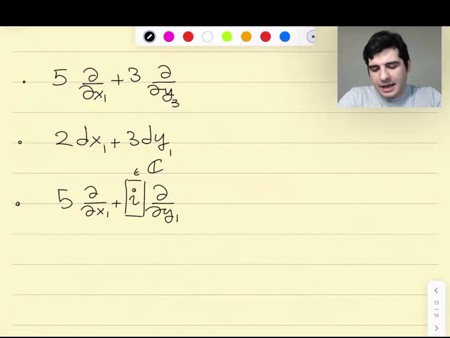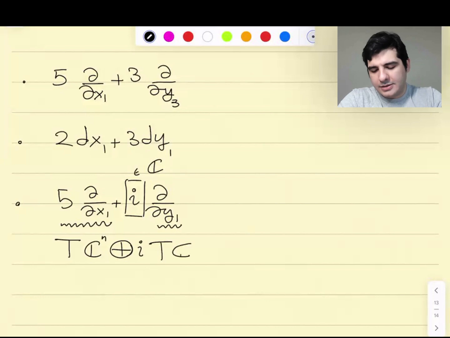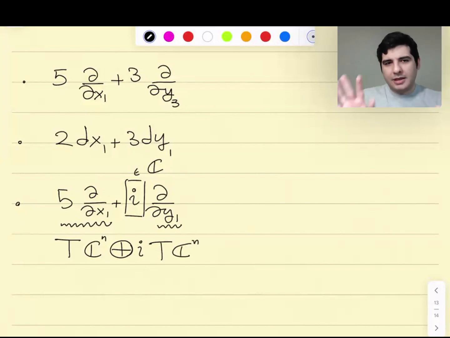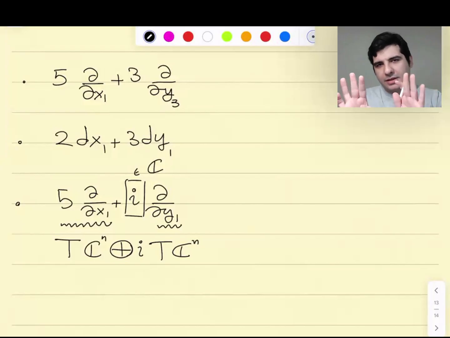So the point is that the first element is an element of the tangent space at the given point, but the second one is an element of i times the tangent space. If I remove i, the remaining part is in the tangent space, but it's multiplied by i. And the whole thing is the sum of the two elements.